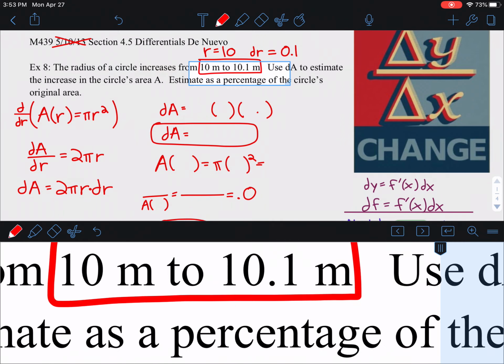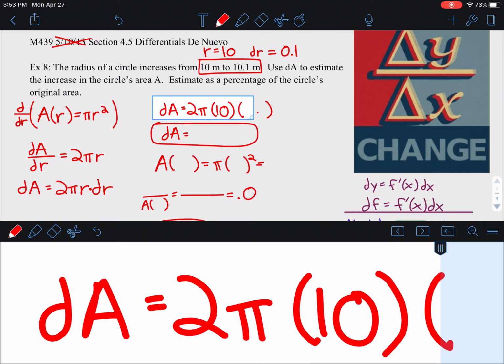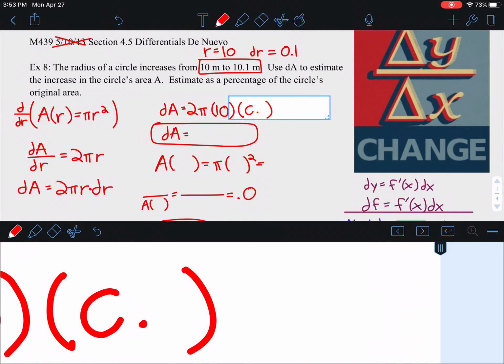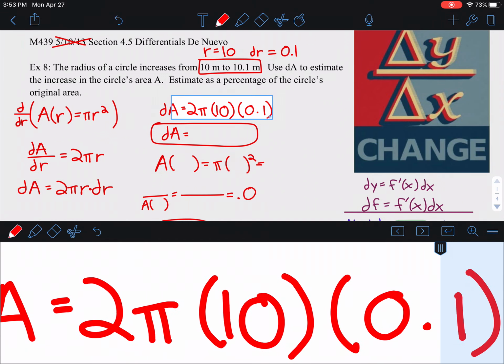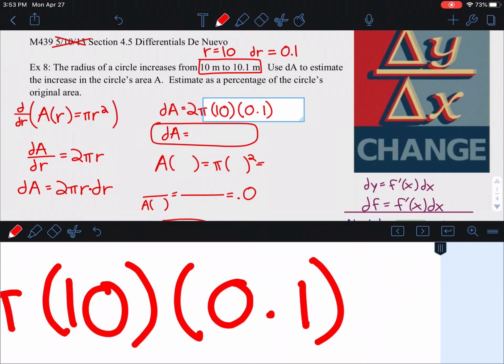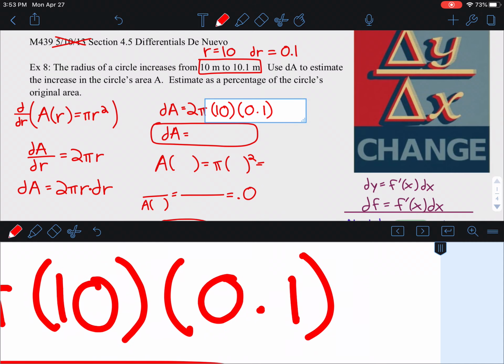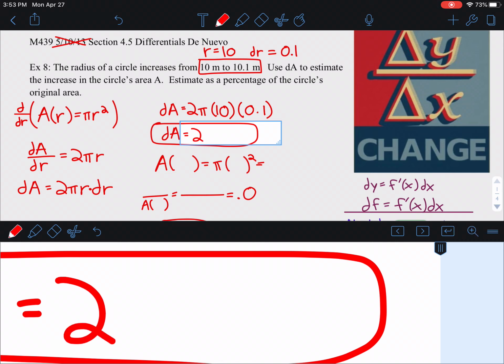And so I can plug those in and calculate. I get 2 pi times my r value times my dr value: 2 pi times 10 times 0.1. So 10 times 0.1, well, 0.1 is 1/10, so 10 times 1/10 is 1. And so I get just 2 pi times 1, which is 2 pi.